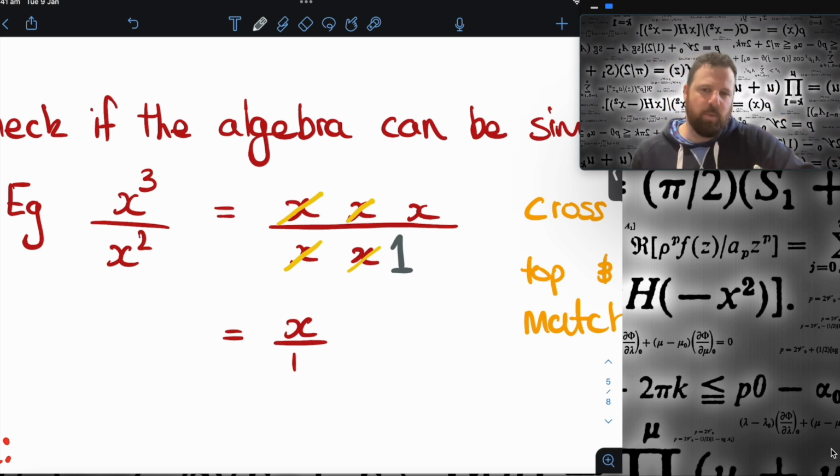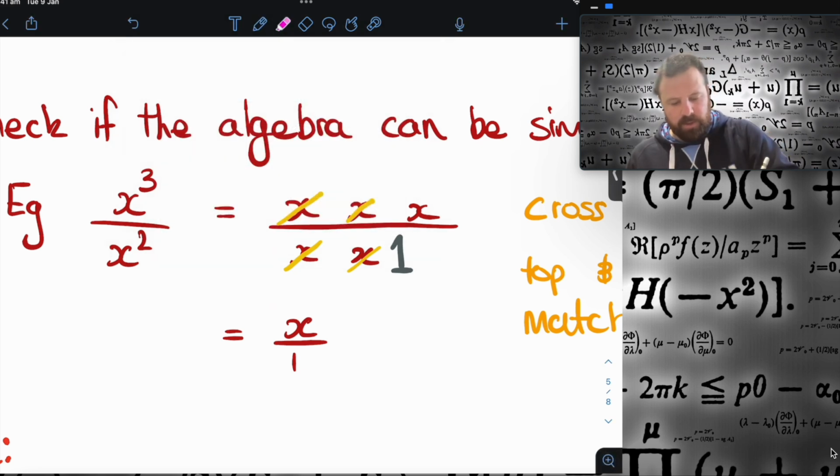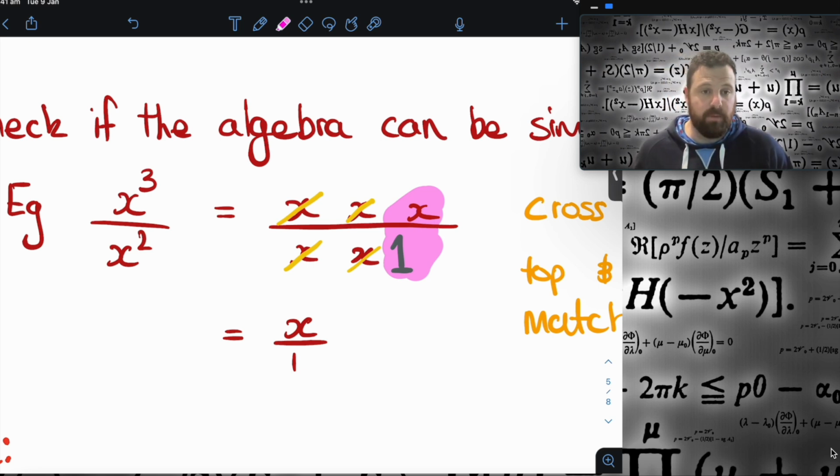This is the reason why, because it allows us to see one in the top and one in the bottom. Now, all that we are left with is just x over 1. So that's what I write as my final solution, x over 1.